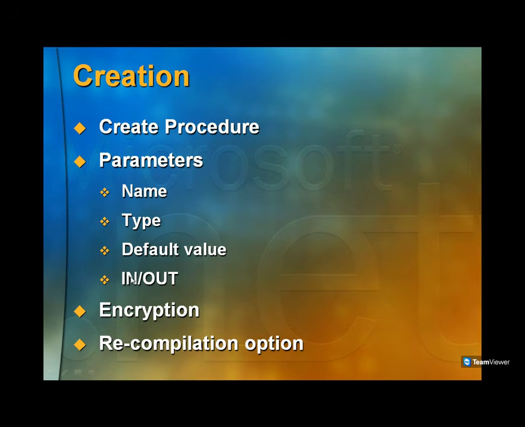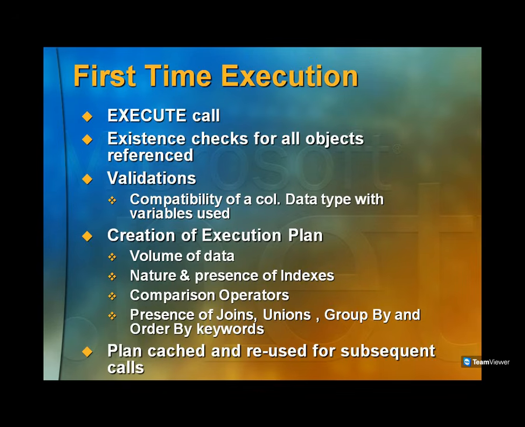We'll see tomorrow. Parameter can be input, output. You can also encrypt the procedure. If you use procedure encryption, you have to be very clear on it. We'll be discussing tomorrow. So when you create a proc and call the first time, execute call you have given.